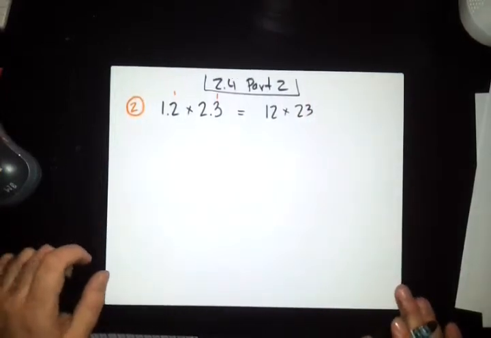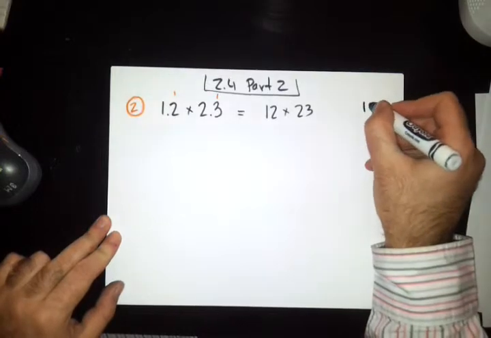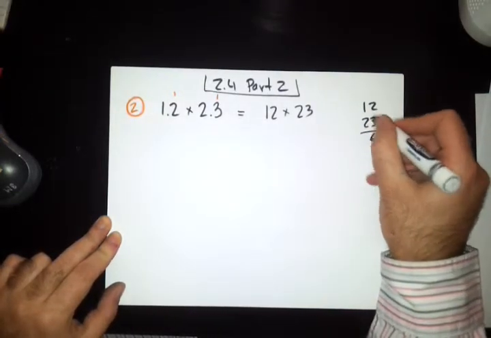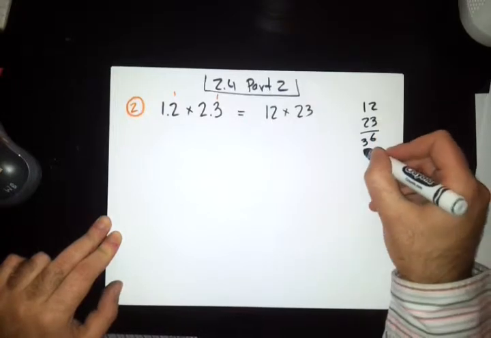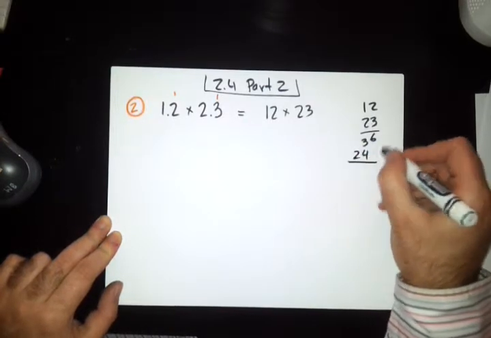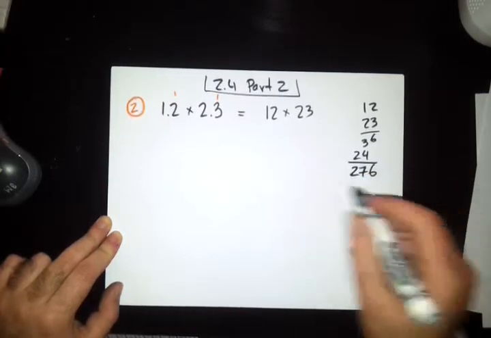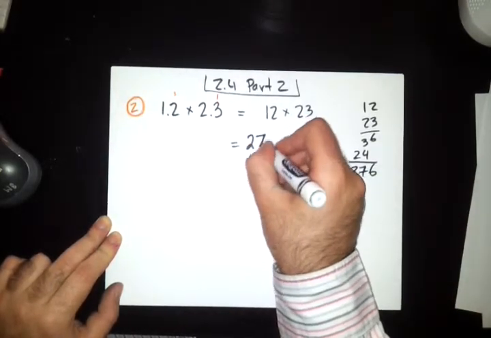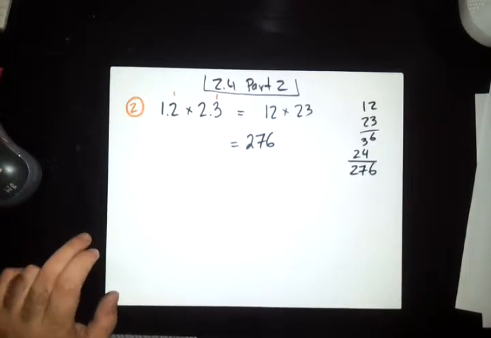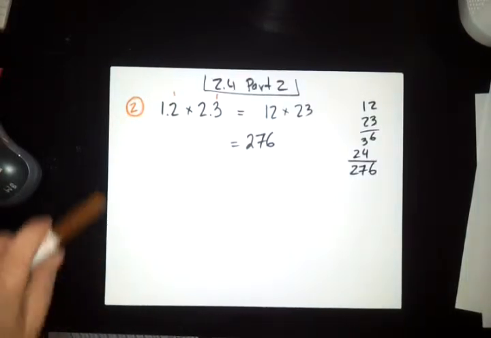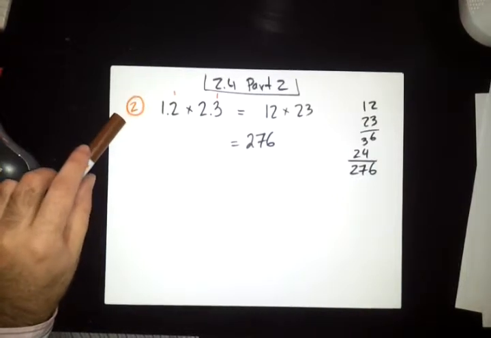Multiply 12 by 23, and then you can do your long multiplication. 3 times 2 is 6, 3 times 1 is 3, 2 times 2 is 4, 2 times 1 is 2. You get 6, 7, 2. So you get 276.